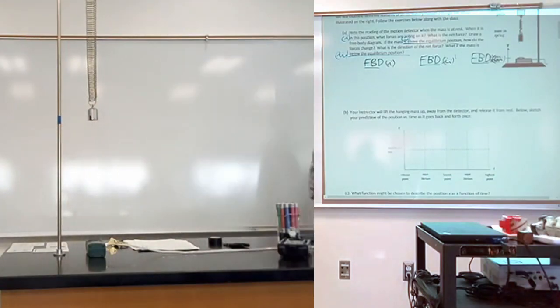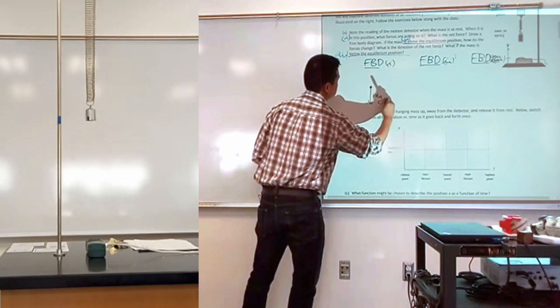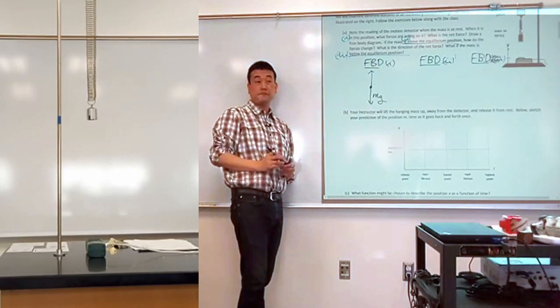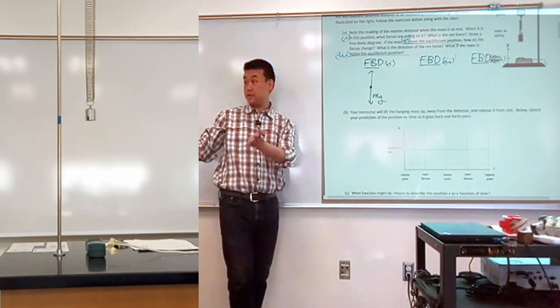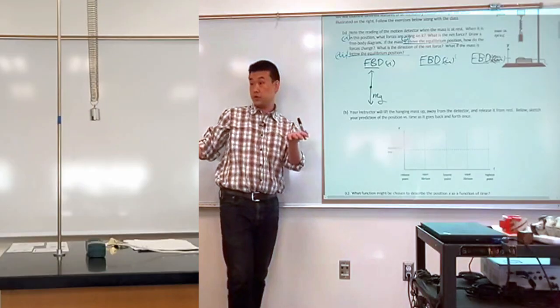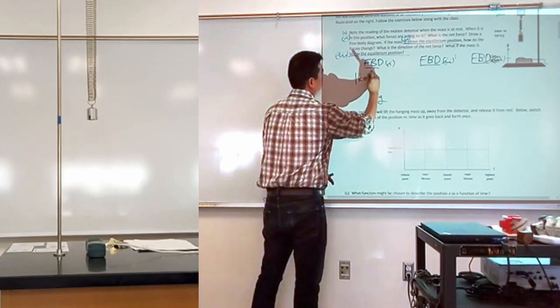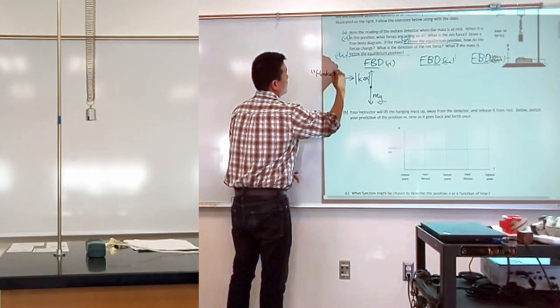So let me draw a diagram for that. mg. And the spring force, do you remember the formula for spring force? Yeah, so minus kx, or the magnitude is k times x. That's Hooke's law, right? So let me write down k times delta x for now. This is coming from Hooke's law that hopefully you remember.